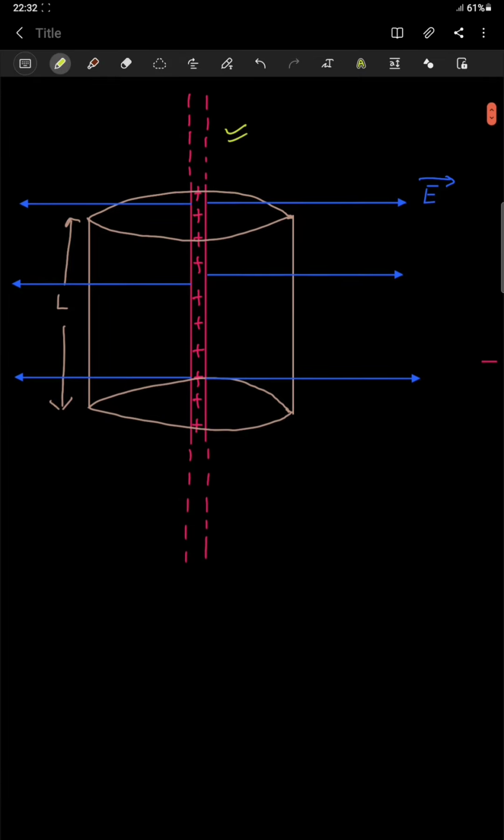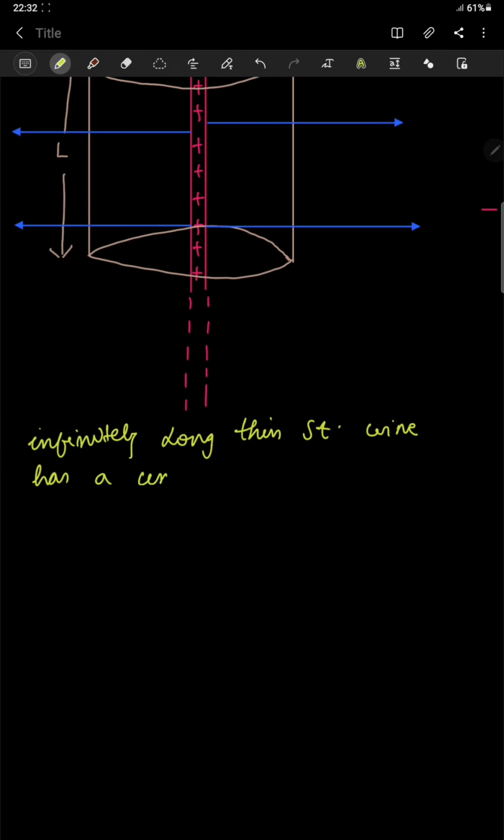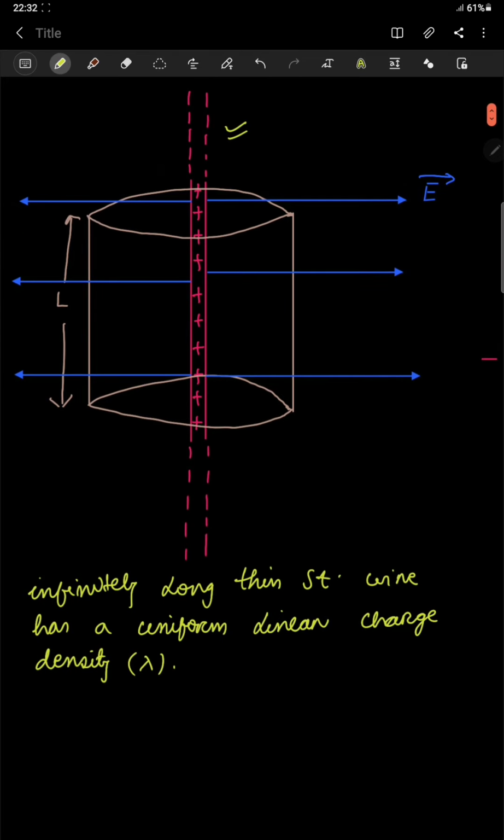So we can have this infinitely long thin straight wire has a uniform linear charge density as lambda. Okay, then we have chosen a Gaussian surface.